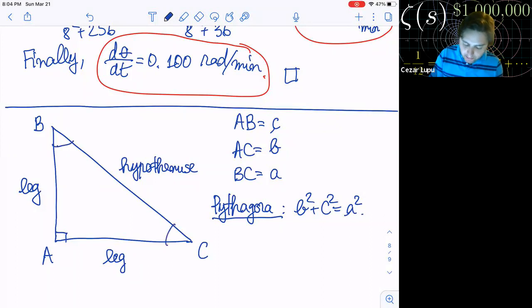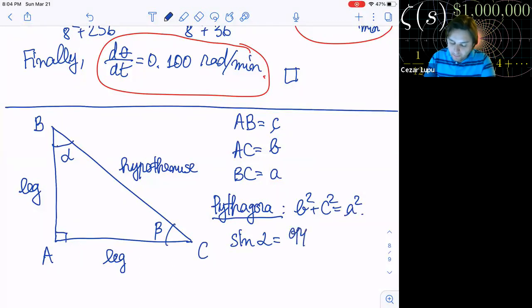So that's Pythagoras. But also you can express this angle. Let's say this is alpha and this is beta. You can express the trigonometric functions of these angles in terms of the legs and the hypotenuse, right? So for example, you can take the sine of alpha. Usually sine of alpha in a right angle triangle is the opposite leg over the hypotenuse.